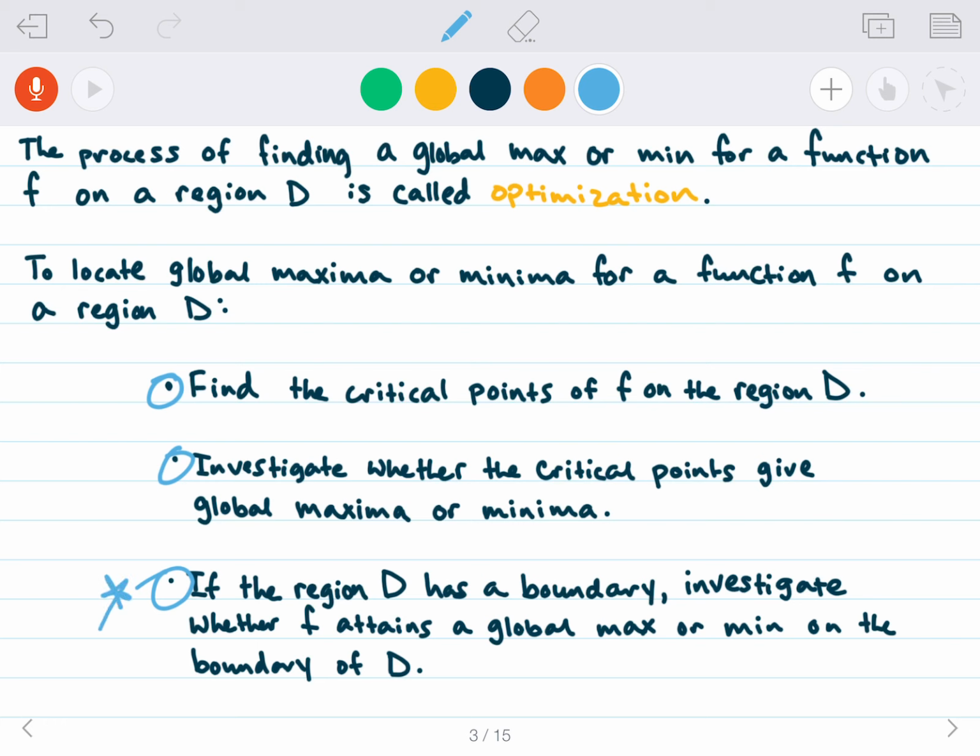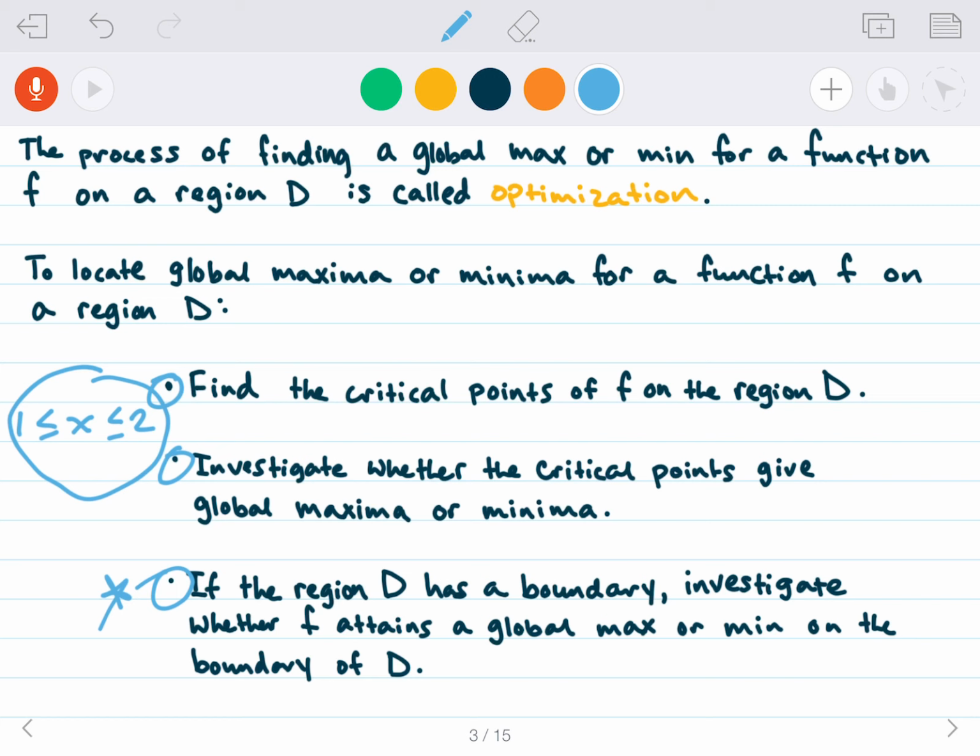If the region has a boundary, just like in Calc 1 when we had an interval. Do you remember the closed interval? We had something like x is bigger than or equal to 1, less than or equal to 2. We're going to investigate the quote-unquote endpoints, just like we did in Calc 1.